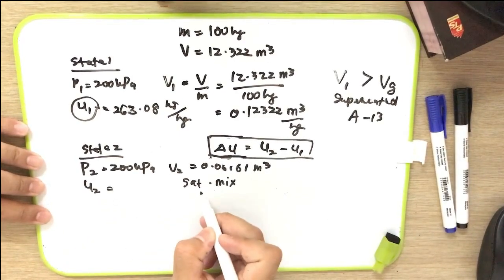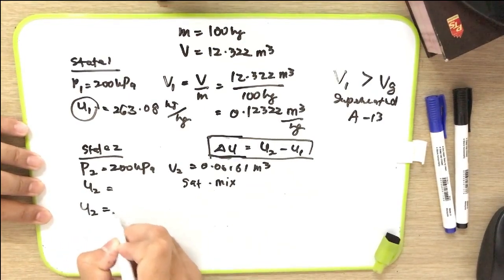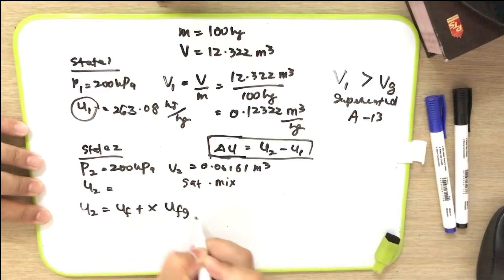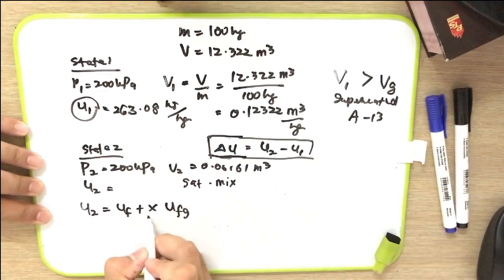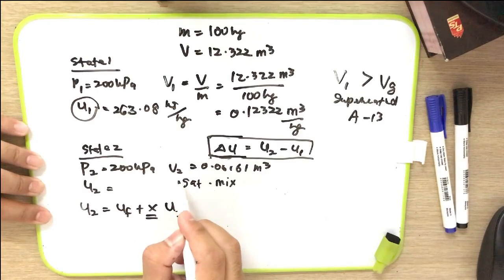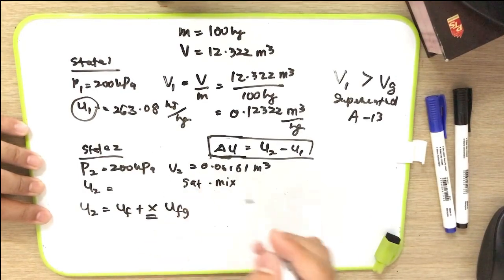Because this is a saturated mixture, we need to use this equation, which is U2 is equal to UF plus X UFG. But the problem is we need to find X. So how to find X? Look at here, we have V2. So in order to find X, we can use this V2.